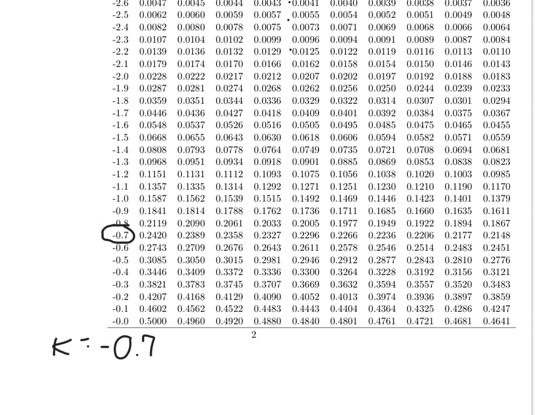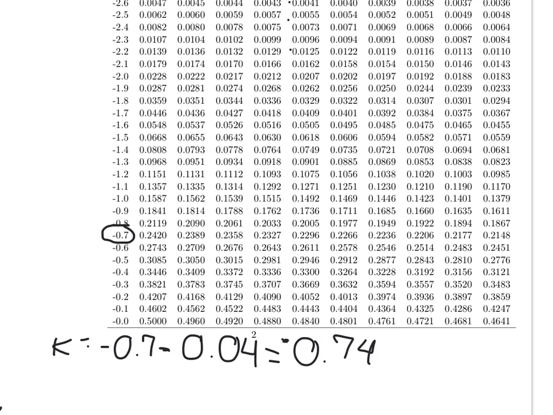Now, whenever the z, or the horizontal, is less than 0, you're going to actually subtract. So you're going to have 0.04, and your total is going to be negative 0.74.